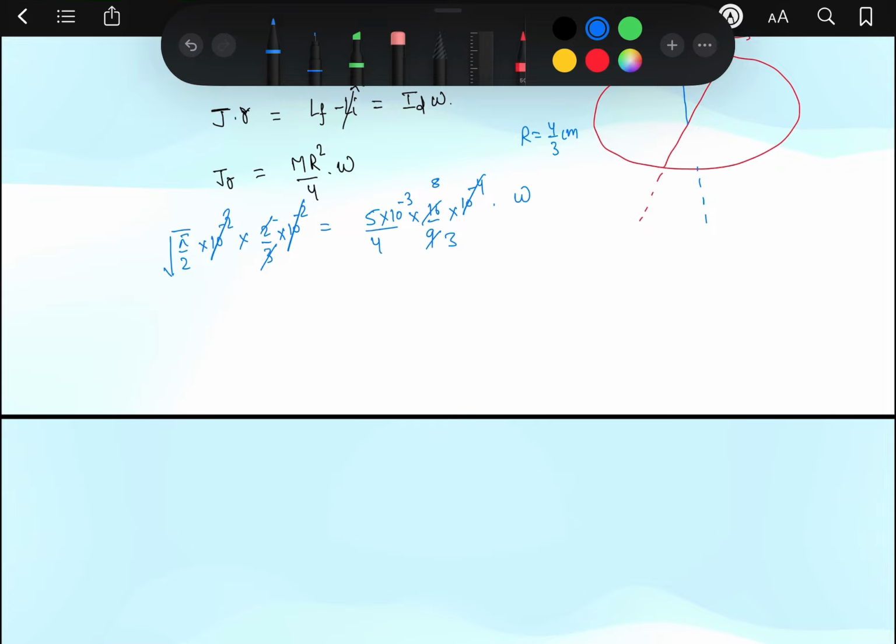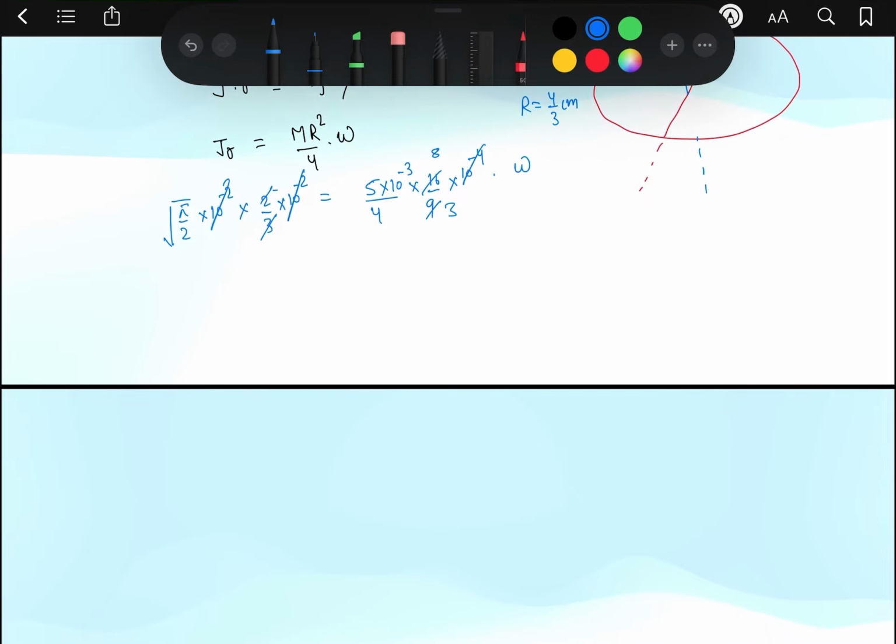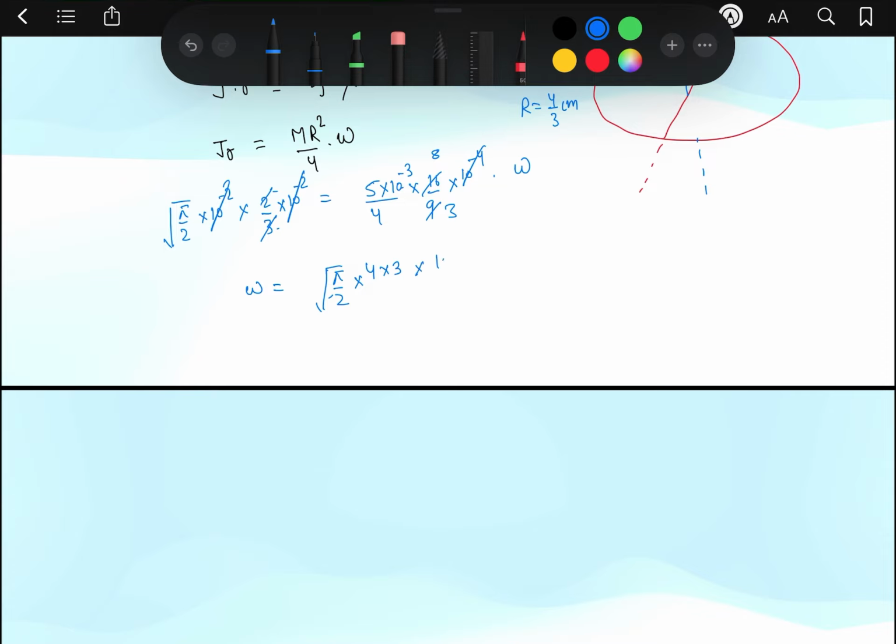Now let me keep all the terms like here. So omega will be equal to root under pi by 2 multiply by this 4 multiply 3, and this 10 to power minus 3 will come downward, and in upward I can write 1000 divided by this 8 multiply by this 5 will be equal to 40.